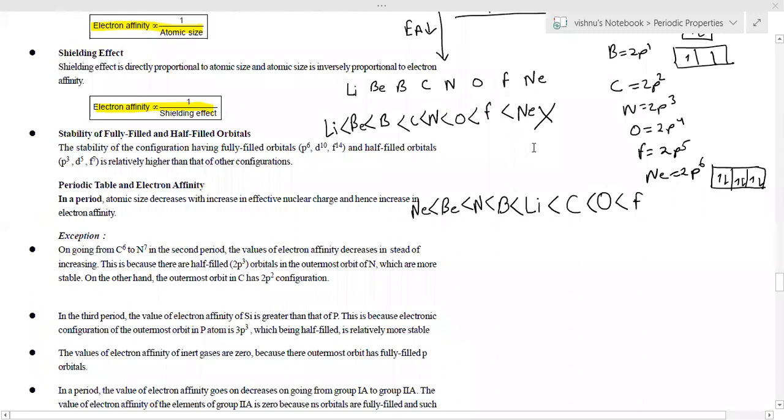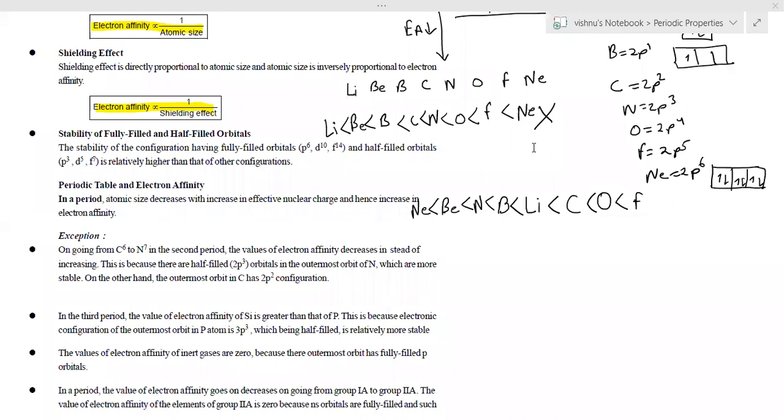Why this order? Because of the higher stability of half filled and full filled atomic orbitals. Due to that, there will be less tendency to accept electrons, and electron affinity would be less. Got it? Okay then. So this is your normal trend and actual order.